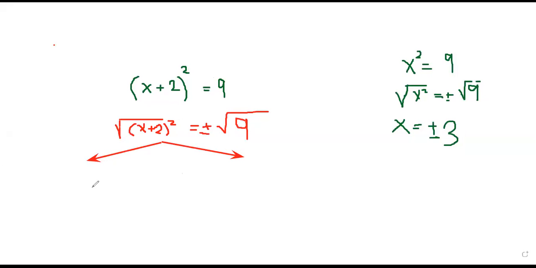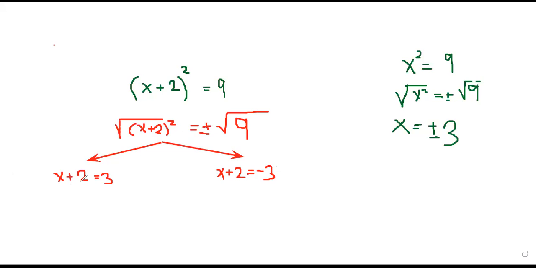It will be x plus 2 one time equal 3, or x plus 2 another time equal negative 3, because we said it will be positive or negative 3.